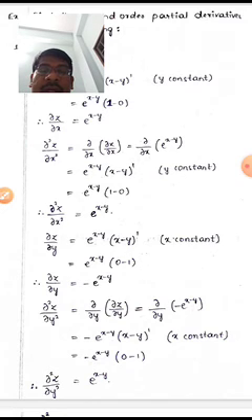That is dou by dou y of dou z by dou y is equal to dou by dou y of minus e power x minus y. That is equal to minus of e power x minus y times the derivative of x minus y, which is minus e power x minus y of 0 minus 1. We get dou square z by dou y square is equal to e power x minus y.